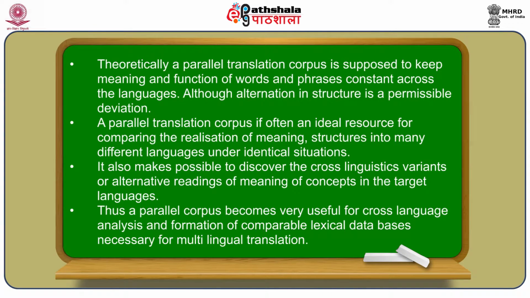Also, it makes it possible to discover the cross-linguistic variants or alternative readings of meanings of concepts in the target languages. Thus, a parallel corpus becomes very useful for cross-language analysis and formation of comparable lexical databases necessary for multilingual translation.